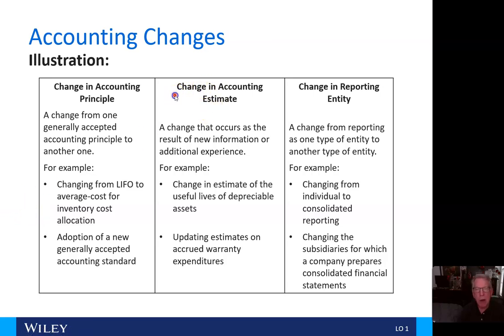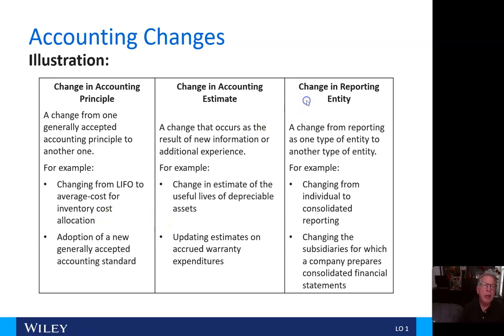A change in accounting estimates is a change that occurs as the result of new information or additional experience. For example, 1. A change in the estimate of the useful lives of depreciable assets, and 2. Updating estimates on accrued warranty expenditures.